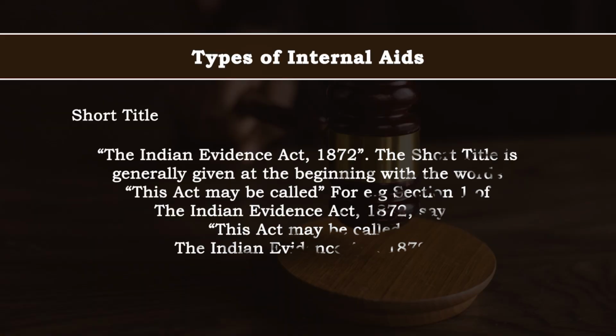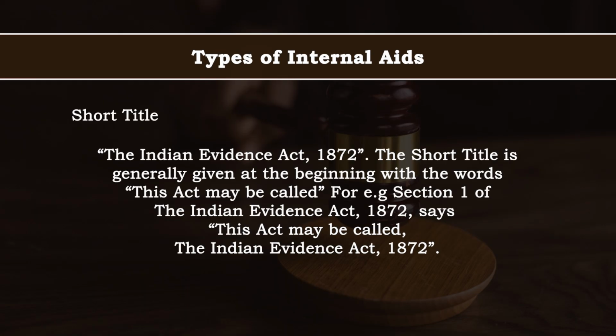Another type of title is the short title. The short title of an act is for the purpose of reference and for its identification. It ends with the year of passing of the act. For example, the Indian Penal Code 1860, the Indian Evidence Act 1872.